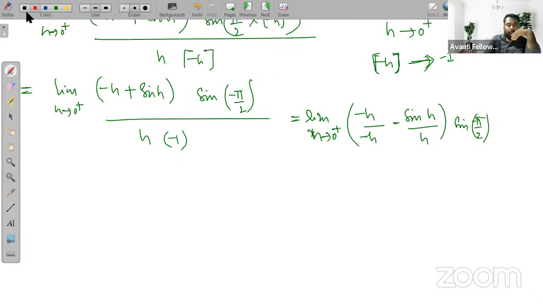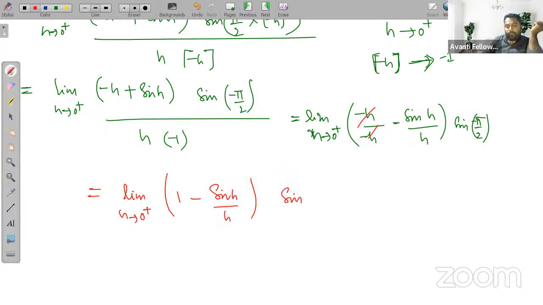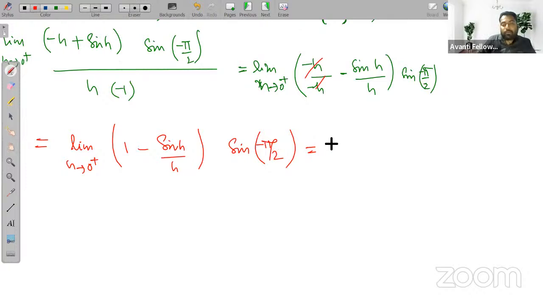Now this gives you 1. So limit h tending to 0 plus of 1 minus sin h upon h into sin of minus pi by 2. If you simplify this, can we write this way?